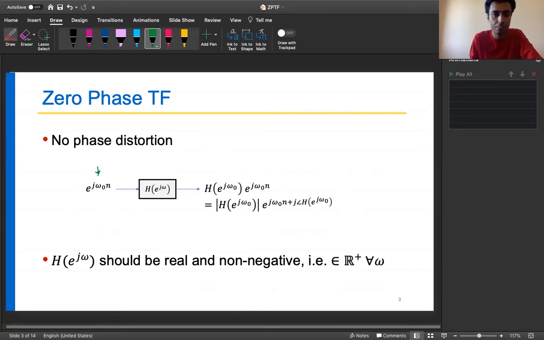It's an eigenfunction of your transfer function, right? So basically this is the output, and this consists of two parts, the magnitude and the phase. So this is the gain, right? And this is the phase shift.